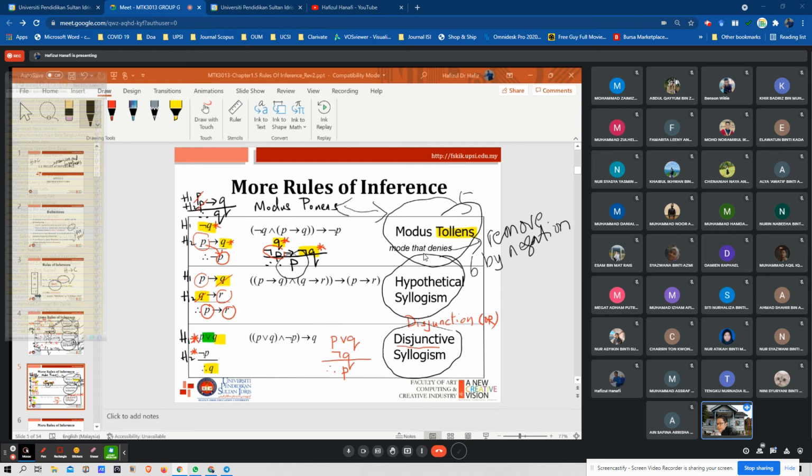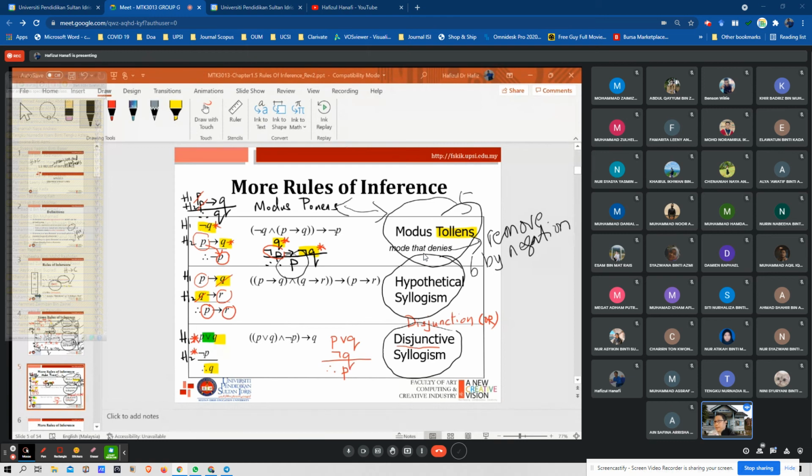An example of disjunctive syllogism: either my pet is a dog or my pet is a cat. And then premise two, or hypothesis two, my pet is not a cat. Conclusion, therefore my pet is a dog. It depends on premise two.